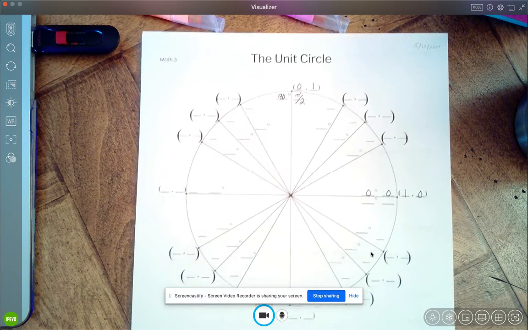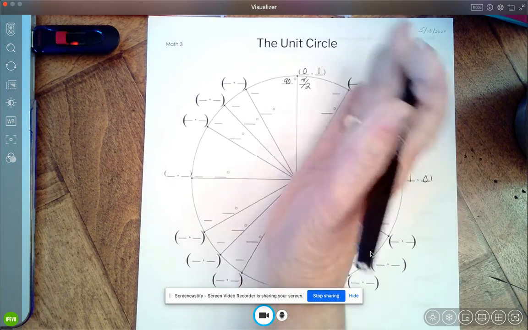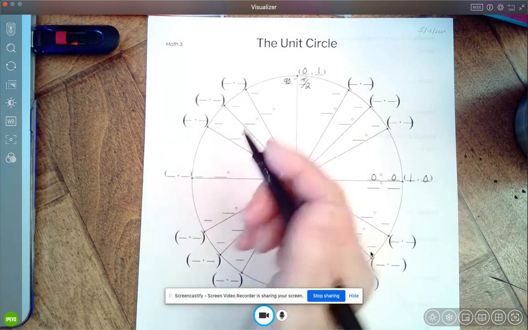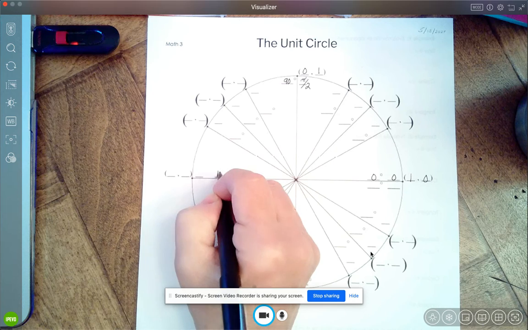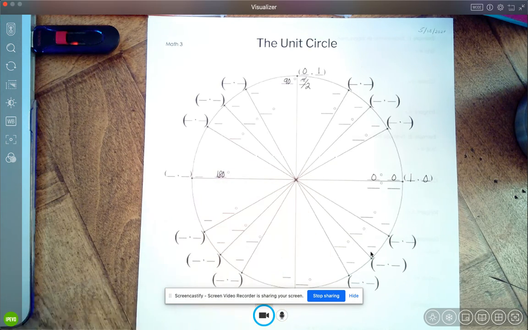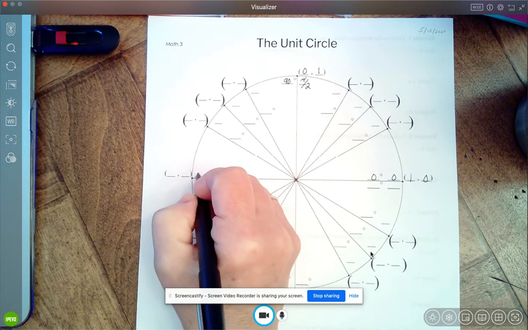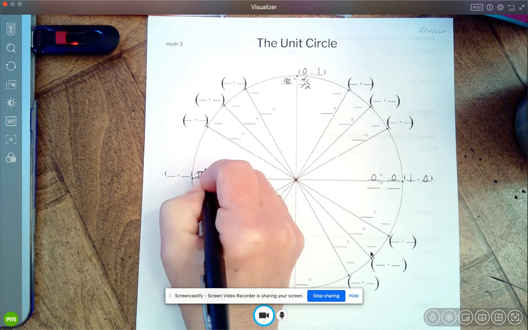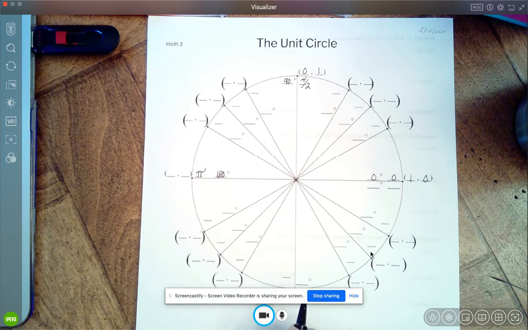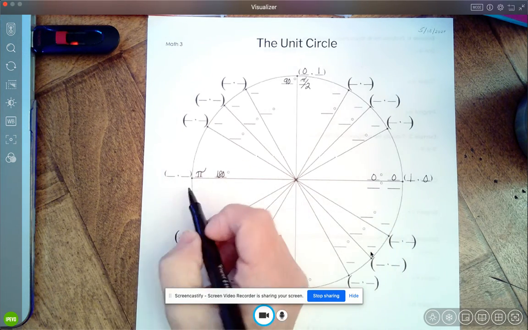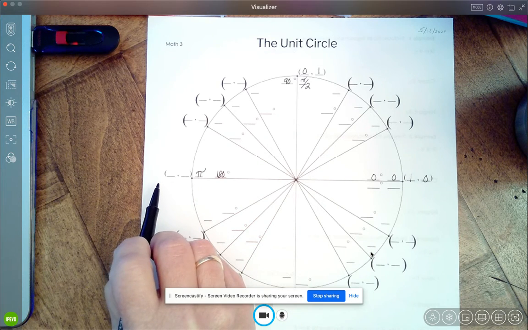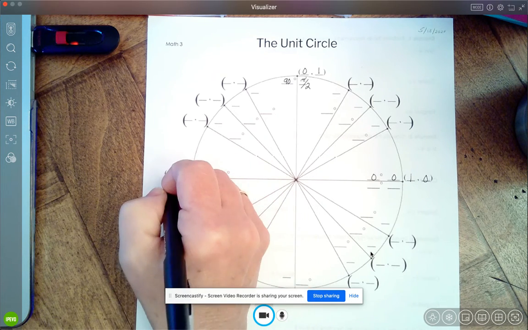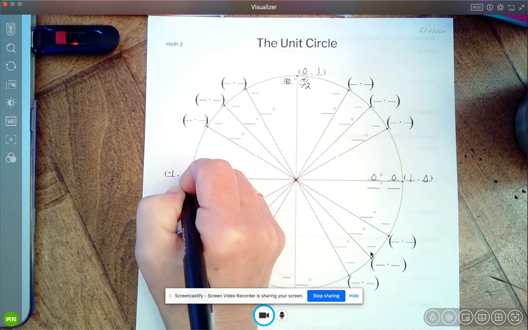And you can see how this is going. If we went over here, this is 180 degrees. We saw that it is pi radians when we converted this. And what would my coordinates be? -1, 0.